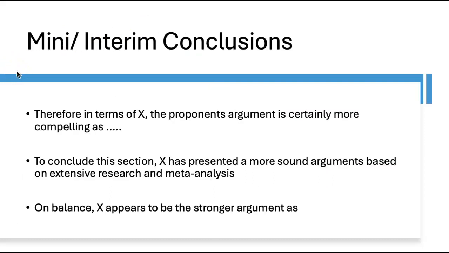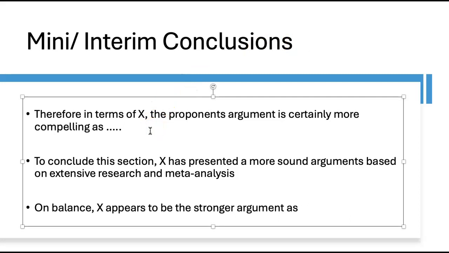Now, finally, mini conclusions, and these are absolutely key. I mentioned them earlier. Therefore, in terms of X, the proponent's argument is clearly more compelling as you finish a section of the report, you conclude and you declare which of the 2 is the winner.